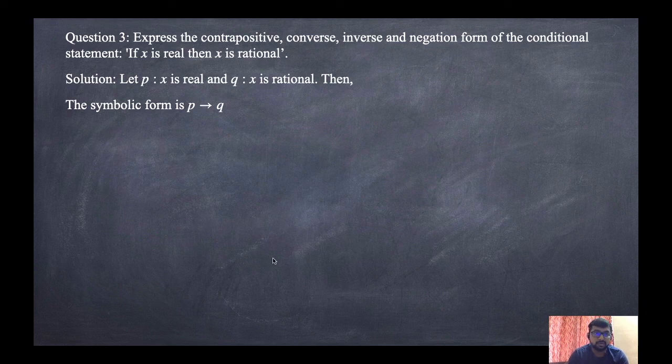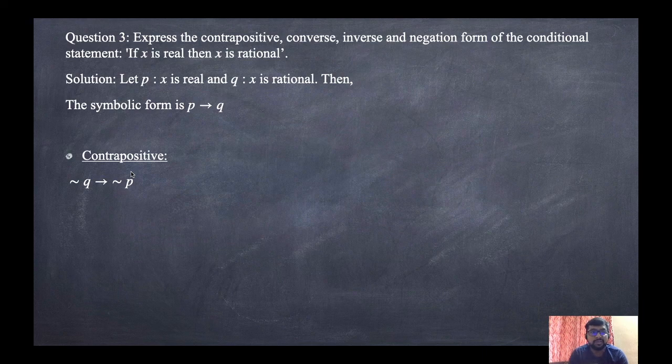Now the first one, contrapositive. What is the contrapositive of P implies Q? We studied in earlier lectures that it will be not Q implies not P. Now the given question is in sentence form, and here it is symbolic, so via symbolic form we will convert it back into sentence form.